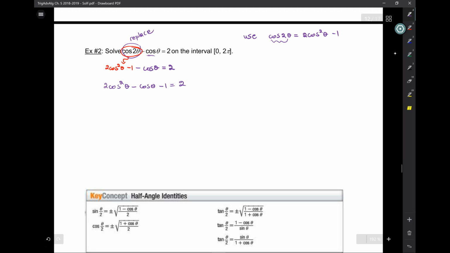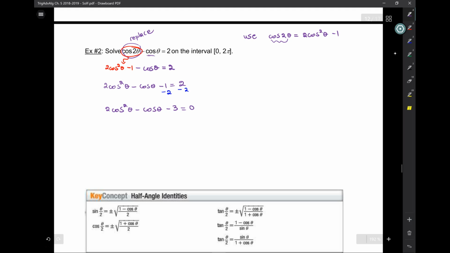I haven't done any math. I just rearranged it. And now anytime I have an equation, I want to set everything equal to 0. So I'm going to subtract 2. And here I get 2 cosine squared theta minus cosine theta minus 3 equals 0.